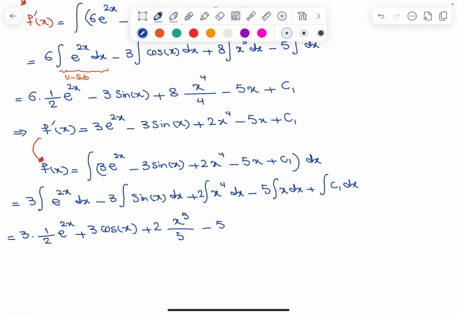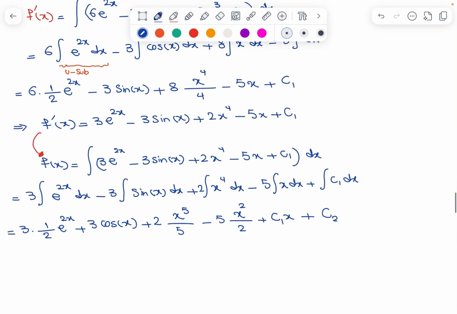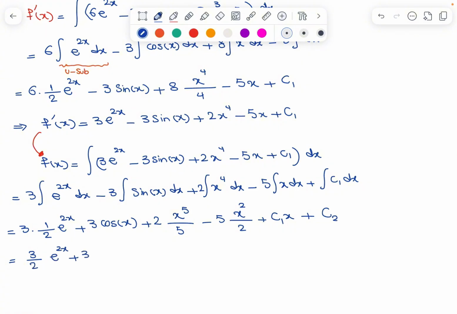Minus 5 times the antiderivative of x, which would be x squared divided by 2, plus the antiderivative of c1, which would be c1x, plus c sub 2. So we will get 3 divided by 2 e to 2x plus 3 cosine of x plus 2 divided by 5 x to the 5 minus 5 divided by 2 x squared plus c1x plus c2. So this would be f of x.